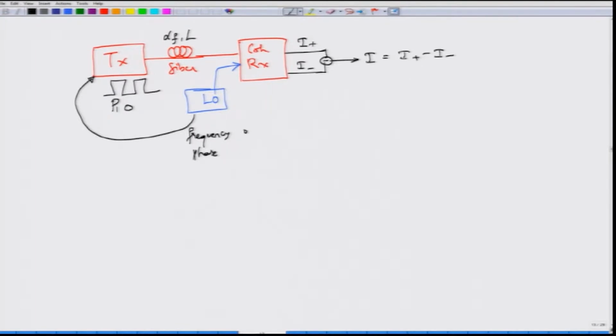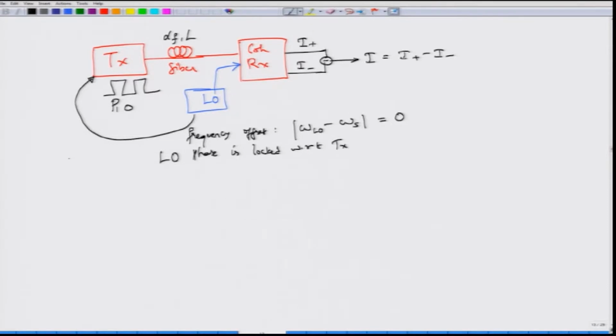So, the frequency offset, which one might define as the difference in the frequencies between the local oscillator and the signal frequency of the transmitter laser, is assumed to be 0. And we assume that the phase is locked with respect to the transmitter. So, which phase are we talking about? We are talking about the local oscillator phase, which is locked with respect to the transmitter phase.